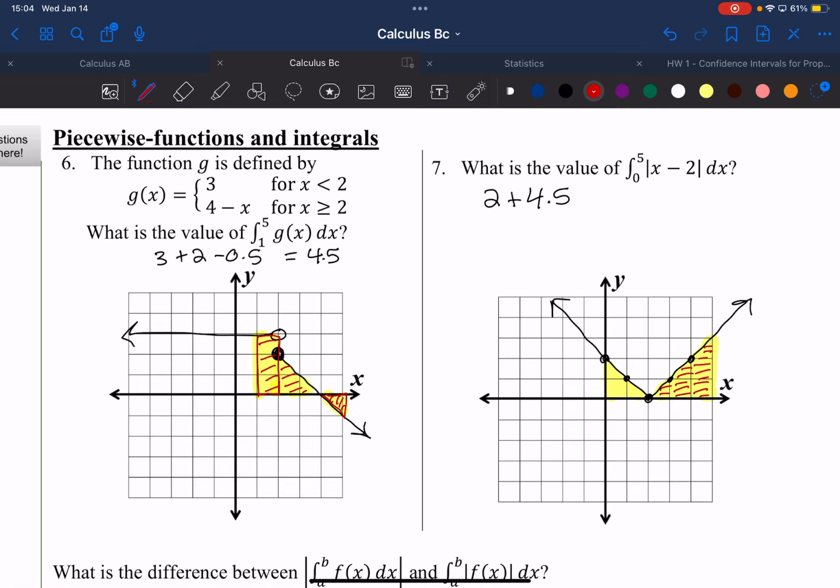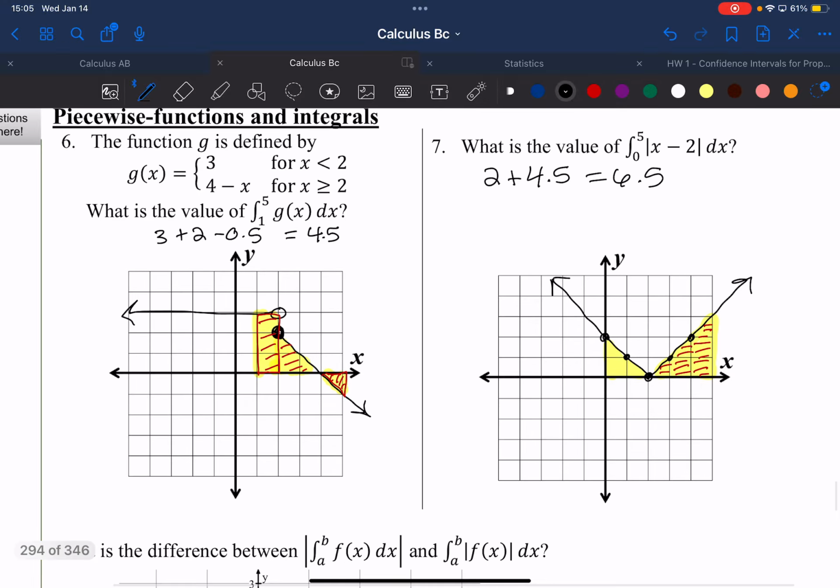And that gives us the answer of 6.5. Notice we didn't have any negative areas. Why? Good, nothing's under the x-axis, because this is what type of function? Absolute value. When you take the absolute value of something, it's always positive.